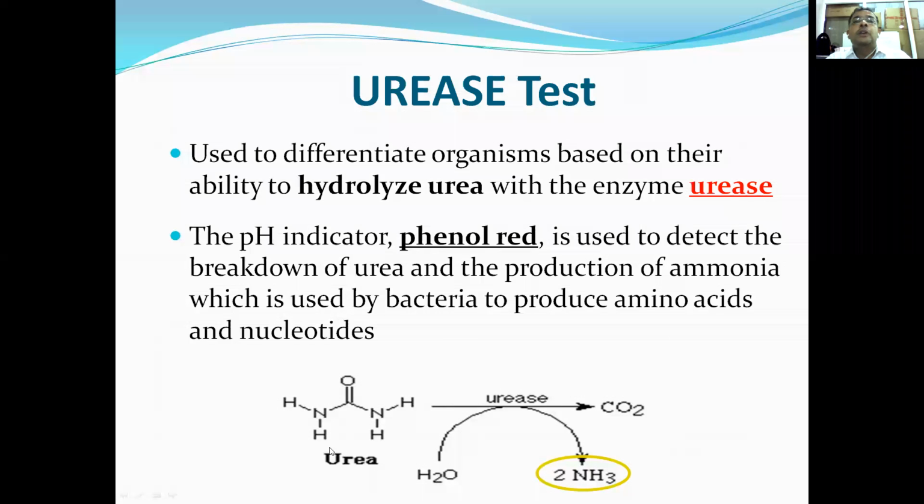Generally urea is degraded to produce ammonia, and we can detect that with an indicator. In the urease test we are using phenol red as a pH indicator. Phenol red is already added in your agar, and once urea is utilized by your test bacteria, it will be demonstrated by a change in color.